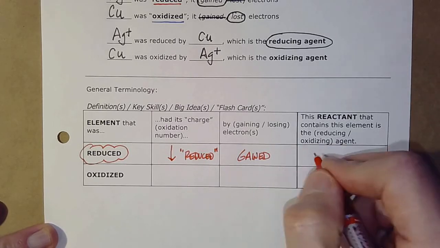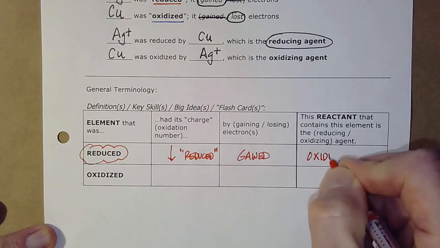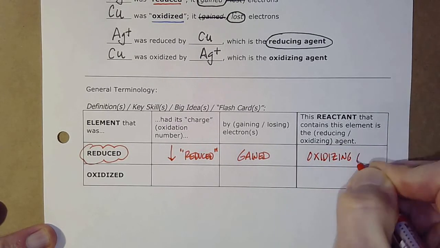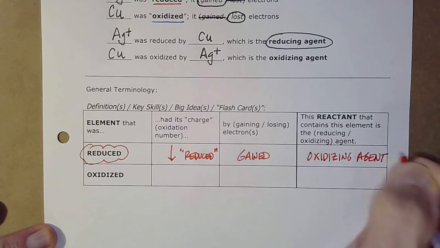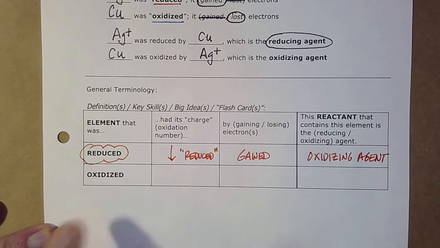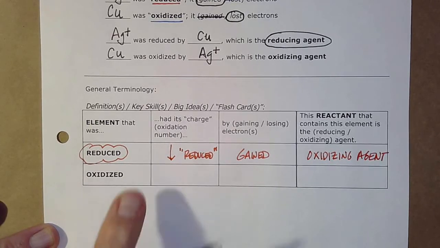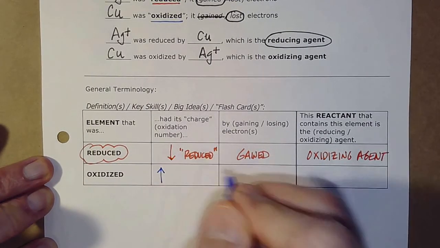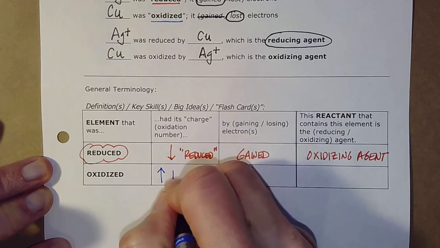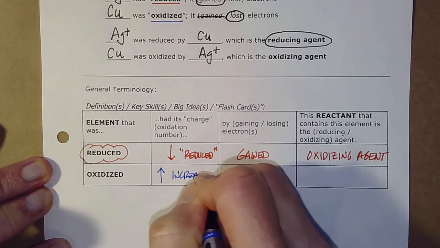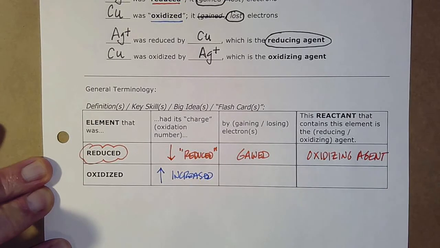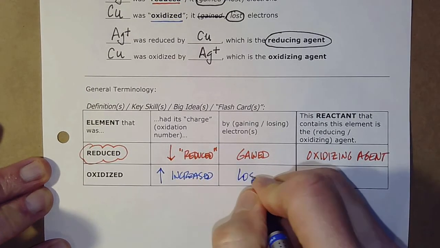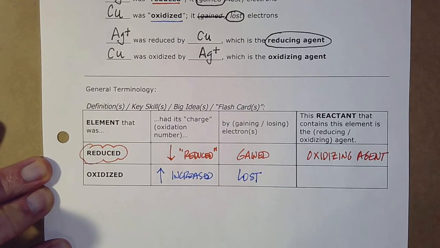So we'll say, this is the oxidizing agent. Then oxidized is just all the opposites. If reduced means your charge was reduced, oxidized means your charge must have increased. If your charge increased, you must have lost electrons.